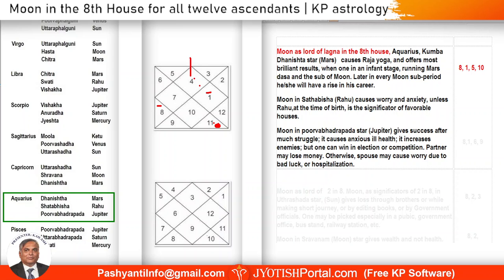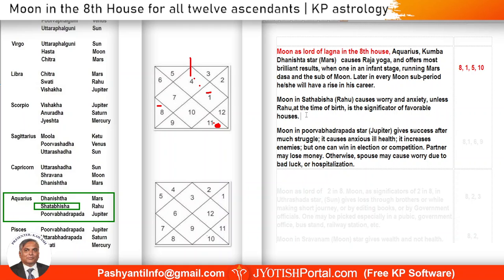Now, if we look at the stars within Aquarius, we find that there is Shatabhisha and then Purva Bhadrapada. So if the moon is in the star of Rahu, then, see, in Krishnamurti Paddhati, the nodes Rahu and Ketu indicate the lord of the sign in which they are occupying, and the conjunction and the aspect.